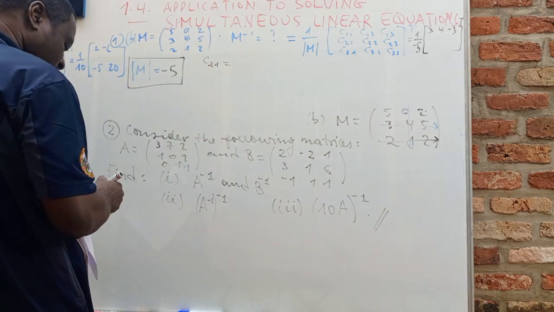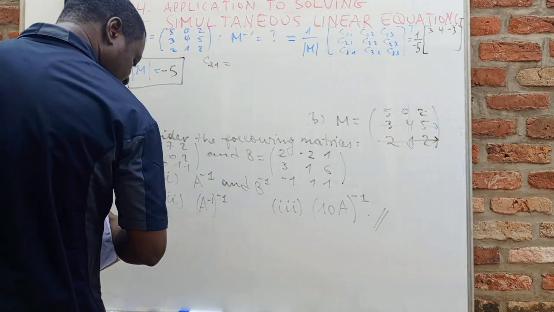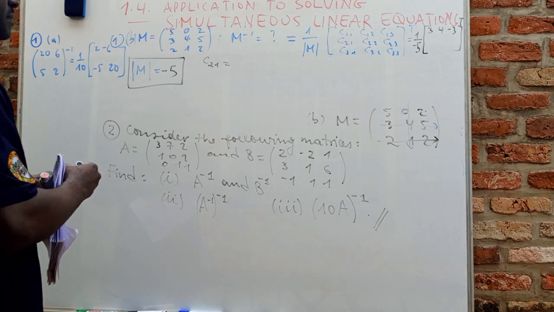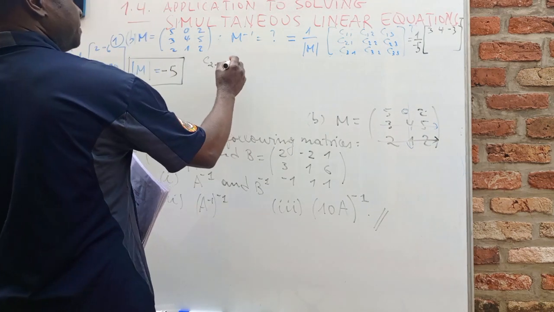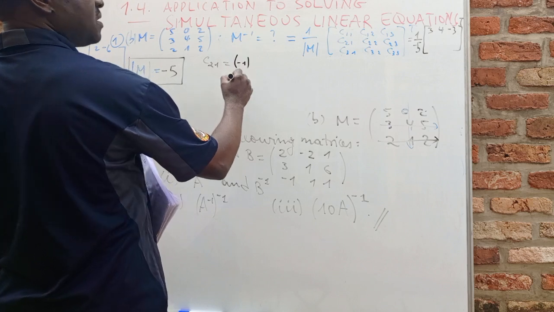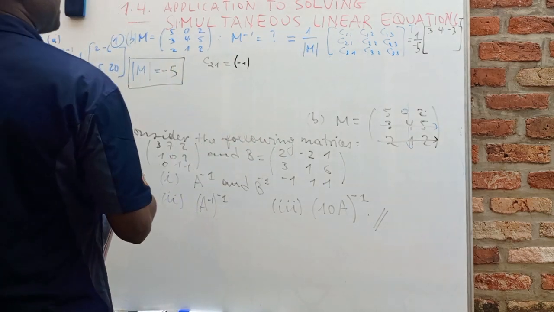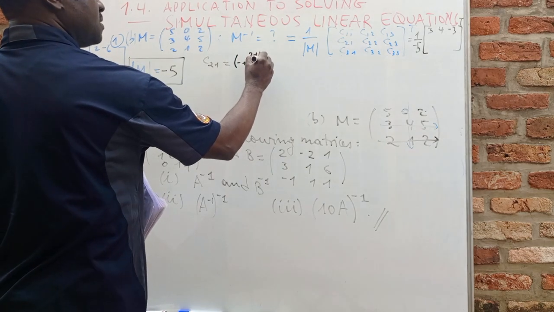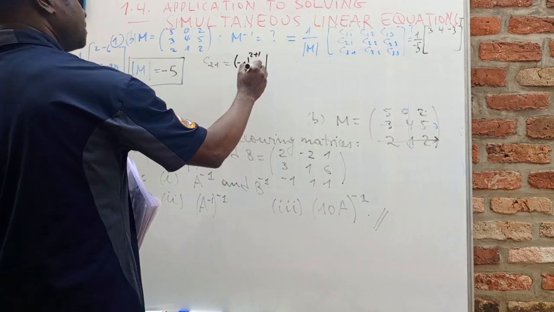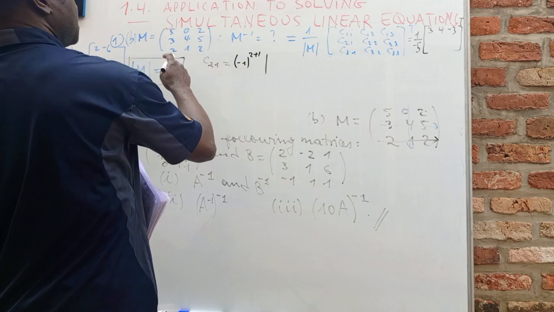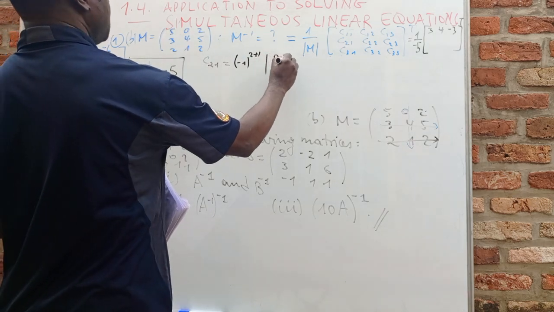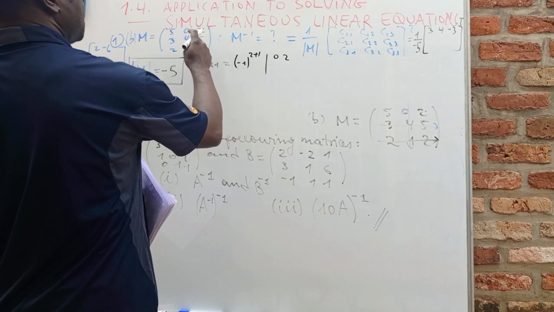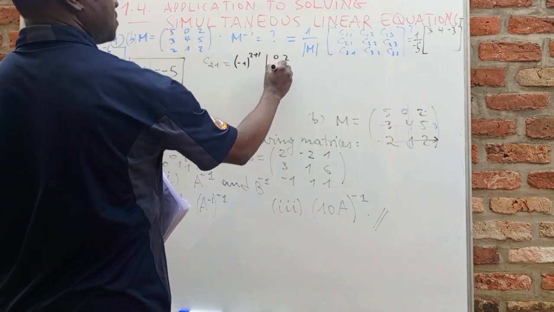So C21 is going to be equal to -1 to the power 2 plus 1 times the determinant of 0, 2, 0, 2 and 1, 2.